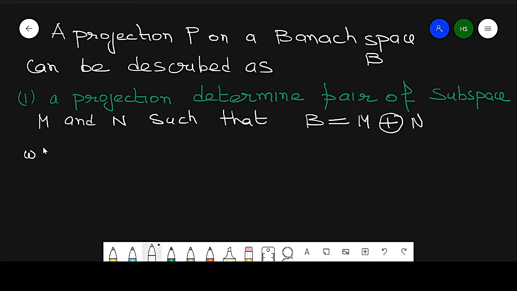Where M is the range of P, and N is the null space.